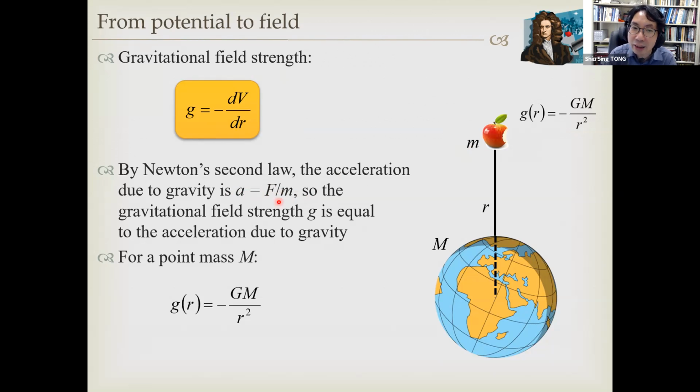And it happens that when F is divided by m, the acceleration is independent of the small mass m. It only depends on the large mass. So it is the gravitational acceleration, or the gravitational field strength, at this point. So we have this.